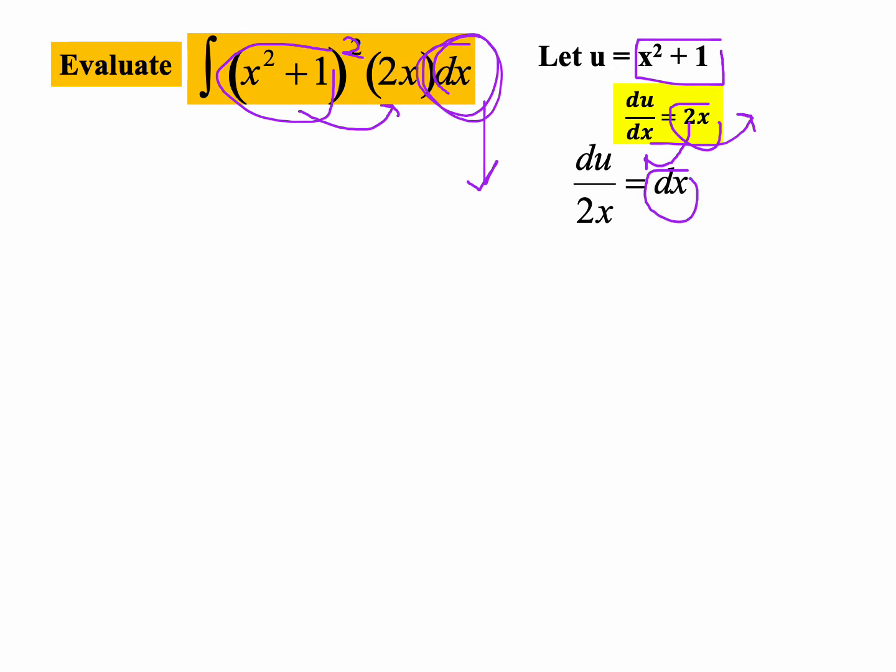So now we are going to change everything to be in terms of u. So this one here will be, of course, u raised to power 2. 2x, I don't deal with it at this moment. I keep it as it is. But dx here, I should write du over 2x.